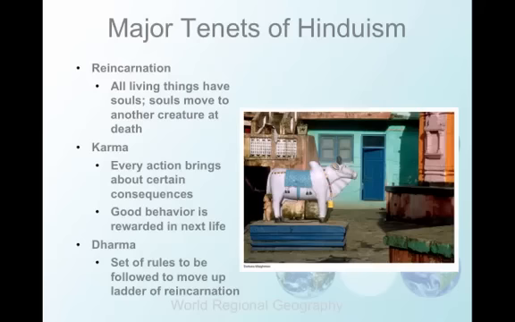A second tenet is karma, which means that every action brings about certain consequences, and that good behavior is rewarded in the next life. And the third major tenet is dharma, or a set of rules to be followed to move up the ladder of reincarnation.